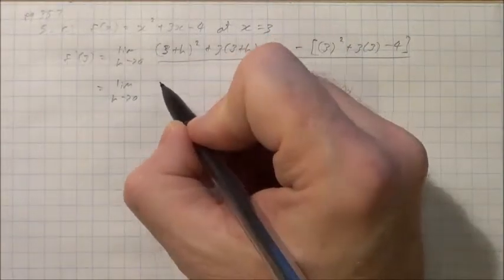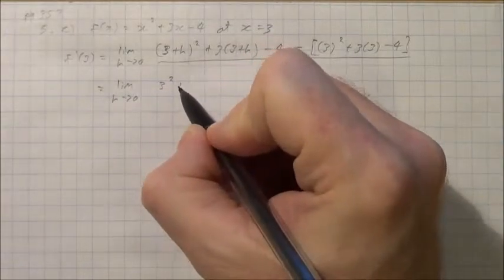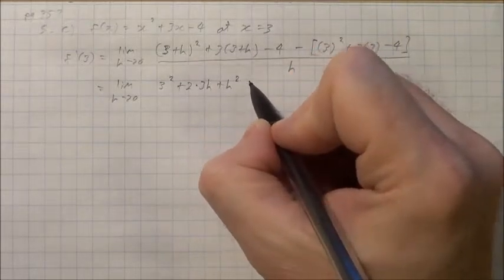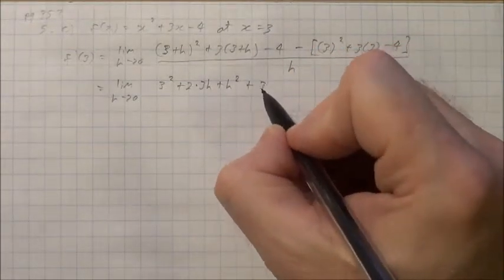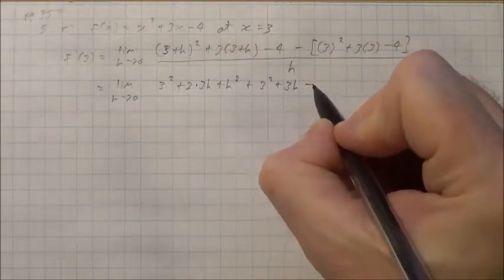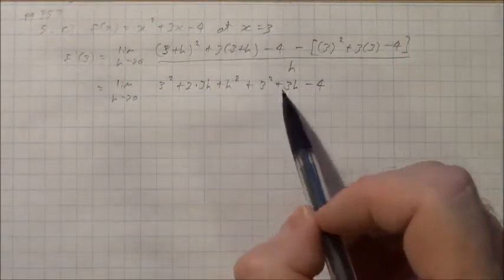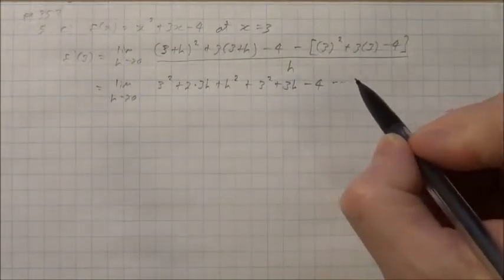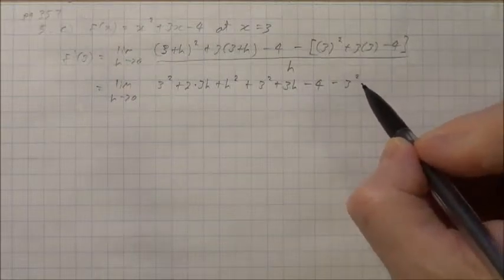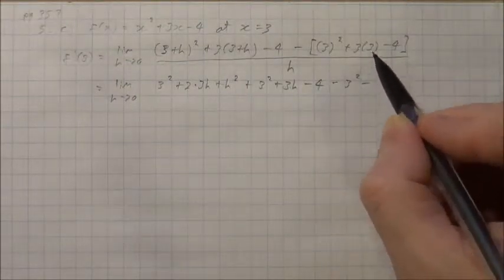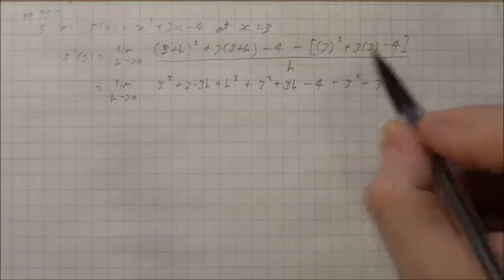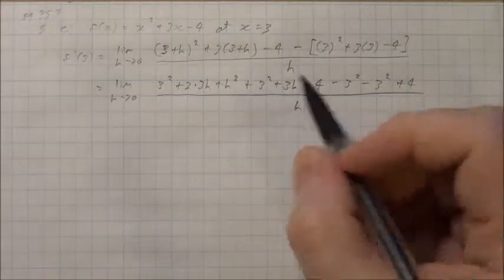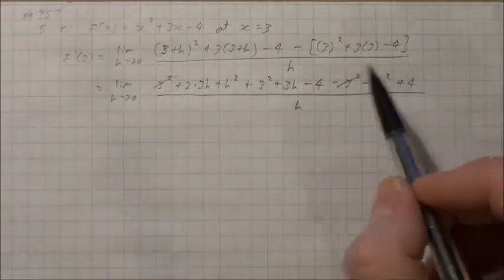Same sort of routine. And I will do this expansion. So this 3 squared comes from 3 times 3, plus 3h here, minus 4, and then minus 3 squared, minus another 3 squared, and then plus 4, all over h. 3 squared cancels with negative 3 squared.